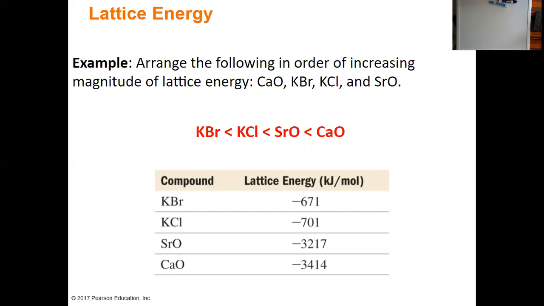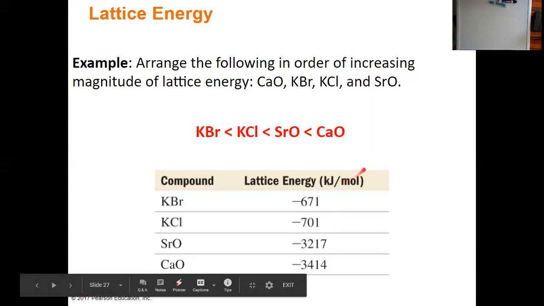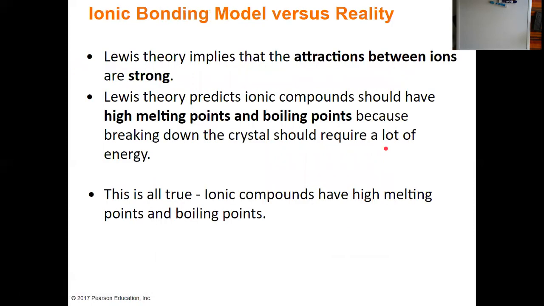So these are our observed lattice energy values. See how they get bigger as we go down, and the smaller charged ones have a smaller lattice energy than the larger charged ones. All right.